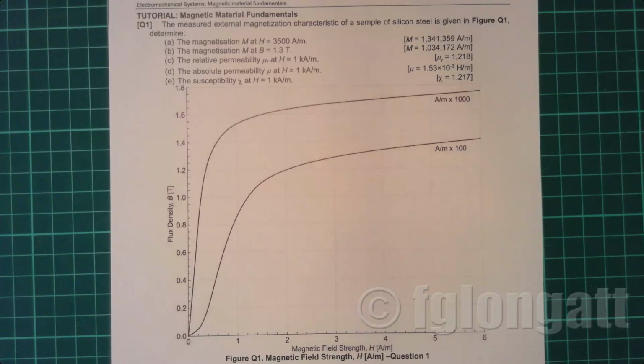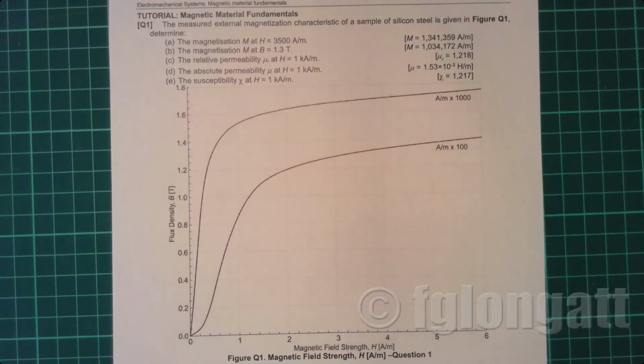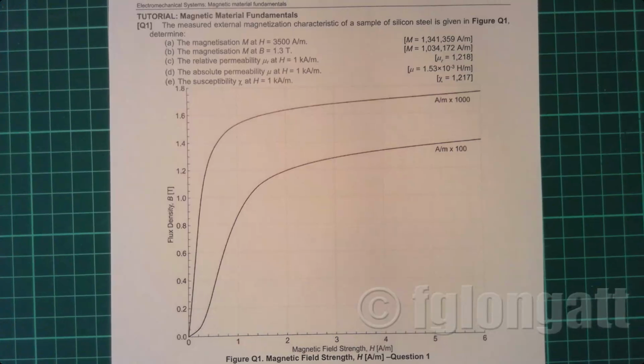When we are working with electromechanical conversion systems, one of the very important aspects that define the efficiency and the properties of these kinds of devices, especially electrical machines, is related to the properties of the magnetic material.